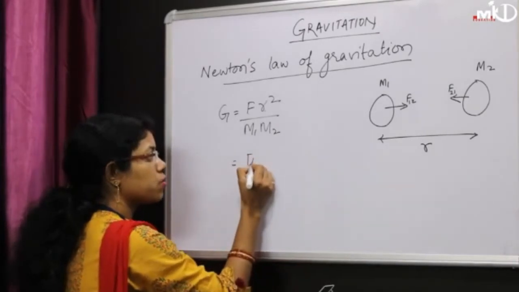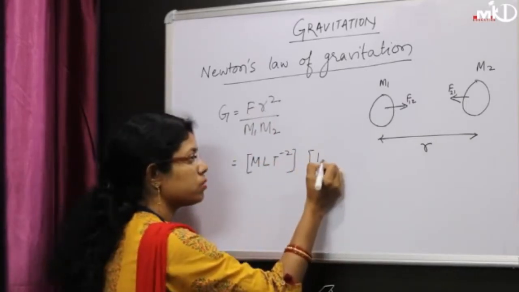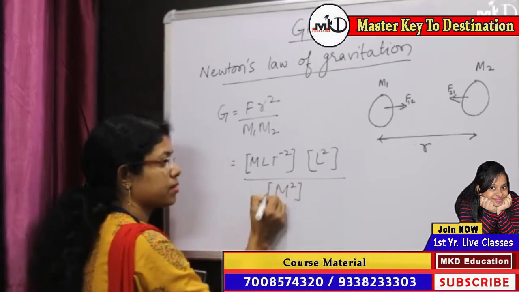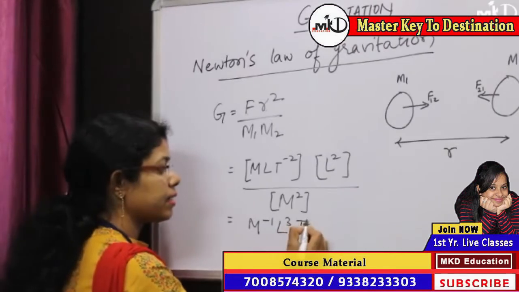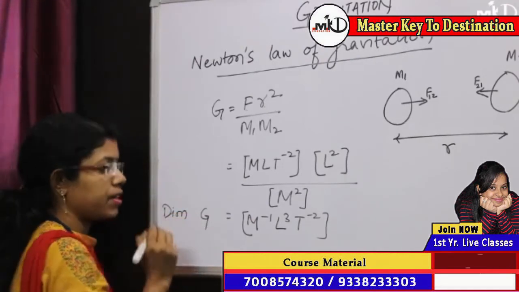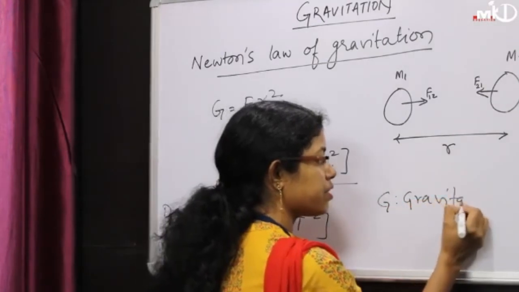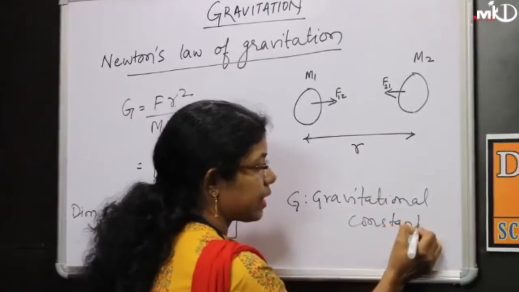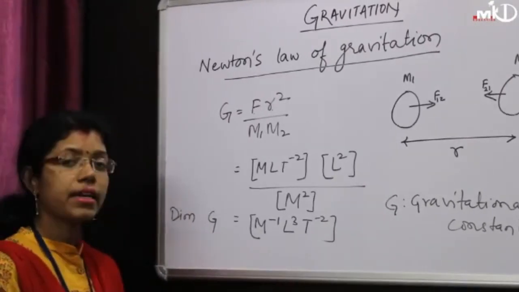The dimension for force is M L T minus 2, r square is L square, and the denominator is M square mass. So this will be M minus 1 L3 T minus 2. This is the dimension for the gravitational constant G. That means it will remain constant; the value is going to remain constant in every place.